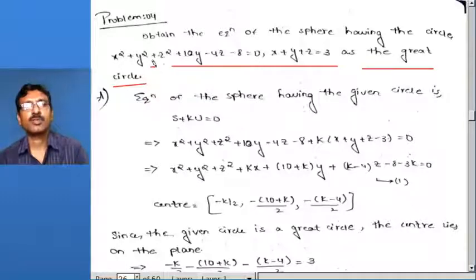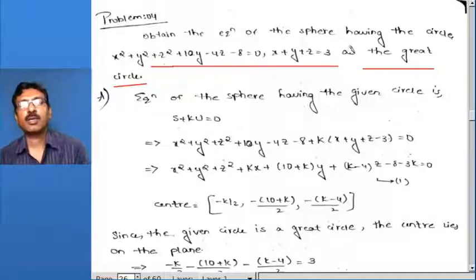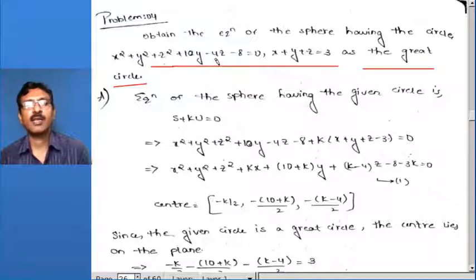The circle should be a great circle to the sphere, or in other words, the center of our sphere and this given circle will coincide, will be at the same place. The center of the circle and the center of the required sphere will be at the same place.